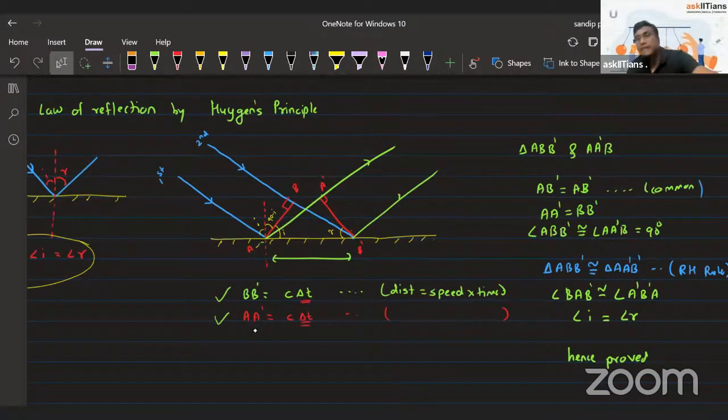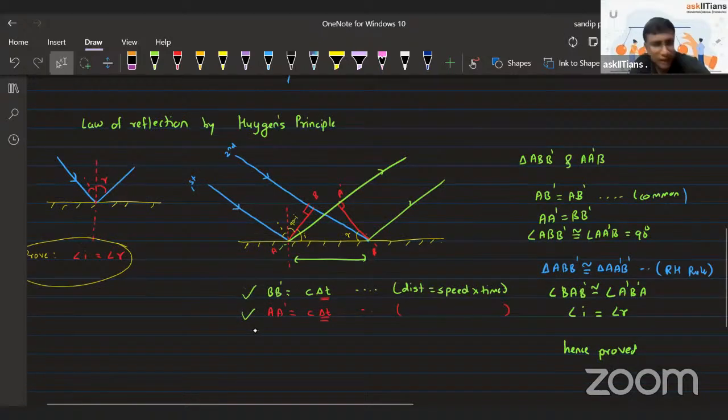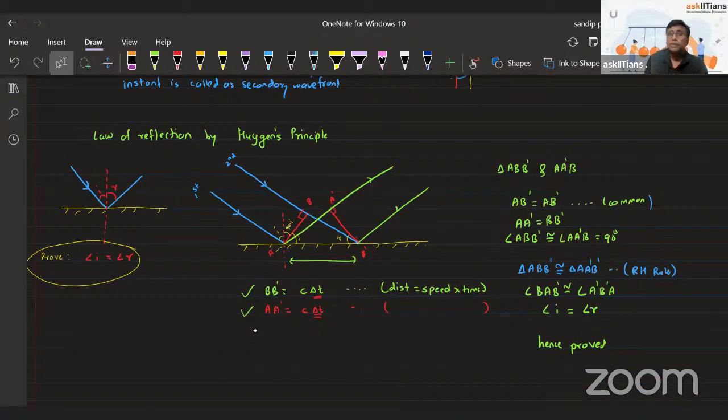Law of reflection as well as law of refraction, they might ask you to prove. So this is one of them, that is the law of reflection. Okay, so any doubt in this? Go through this. Let me know if there's any doubt here.